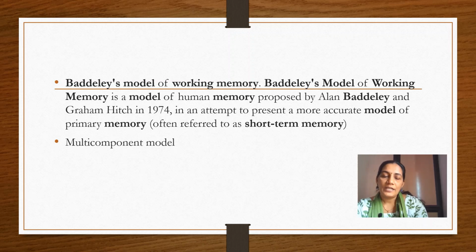This model is also known as the multi-component model, because it explains memory at different levels or dimensions. There are different components related to working memory, and how working memory processes is explained using these components.